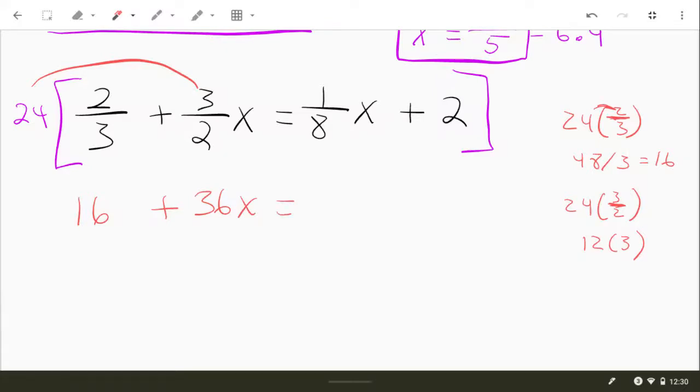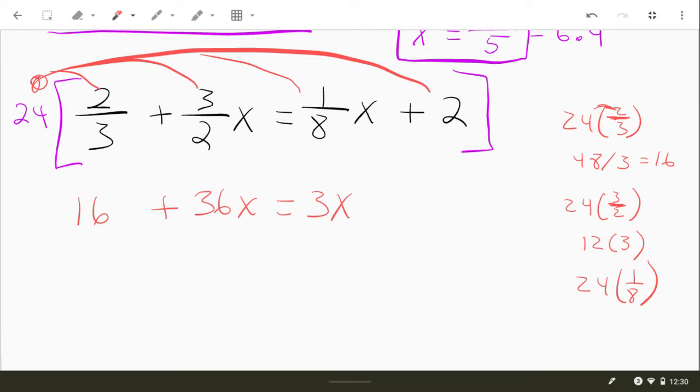And then I'm multiplying the 24 by the 1/8. Well, 24 times 1/8 is really the same thing as 24 divided by 8. So you get 3x. And then the last one is 24 all the way over here to the 2. And that's going to be 48.